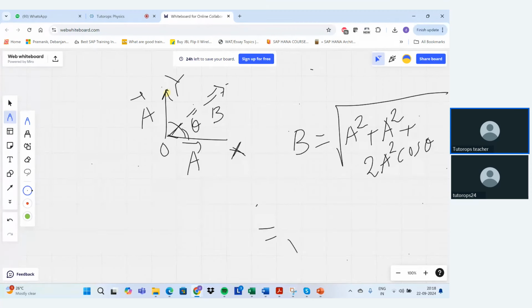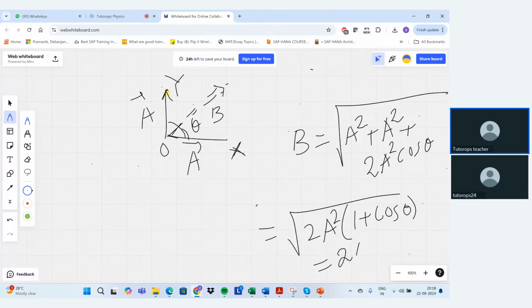So it will come as root over 2A square times 1 plus cos theta. You can calculate that this will come to 2A cos theta by 2. This is purely mathematics, I'm not drilling down further, but you learned that this was a common problem and how to do it. So we learned how to calculate the resultant vector for vector addition in any case.